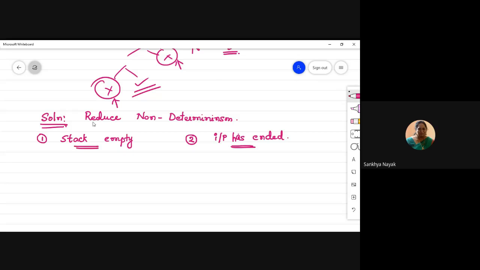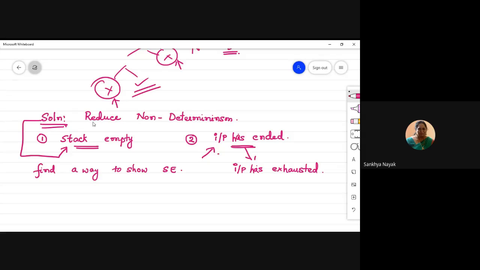The solution revolves around these two. Let us find a way to show the stack is empty, and also find a way to show the input is exhausted. That's what we'll discuss now.